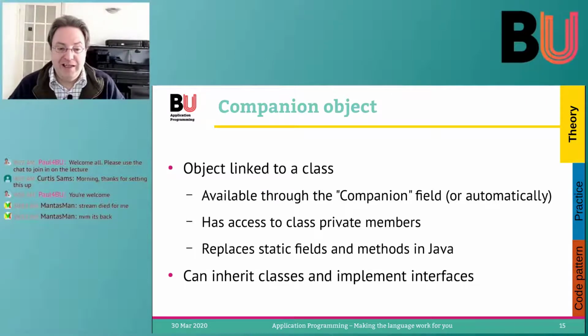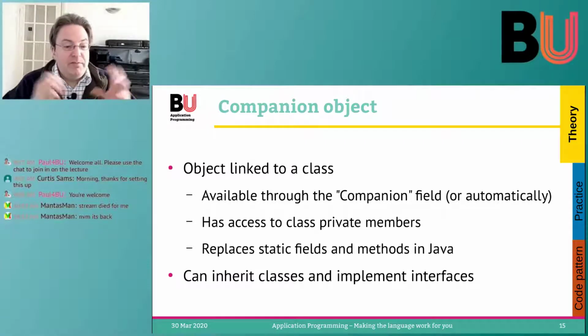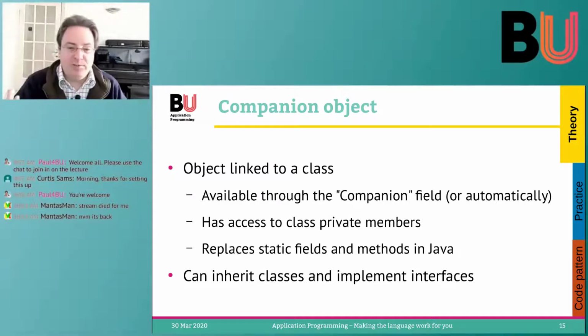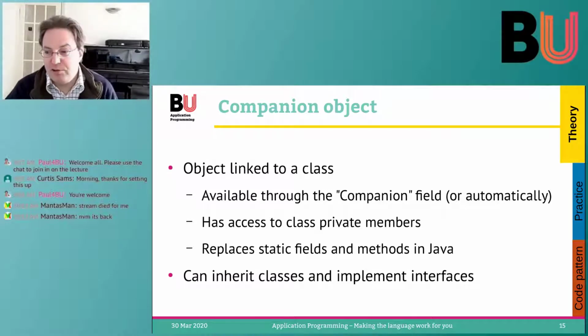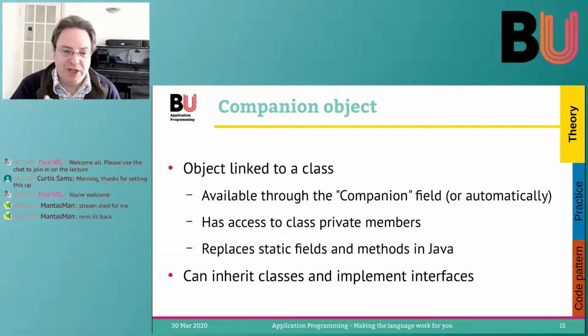So we link this object to this class, and we make this object available through the companion. If you create a companion object, it also creates a companion field on your class. If you do type.companion, you get the object. From Java you get the field.